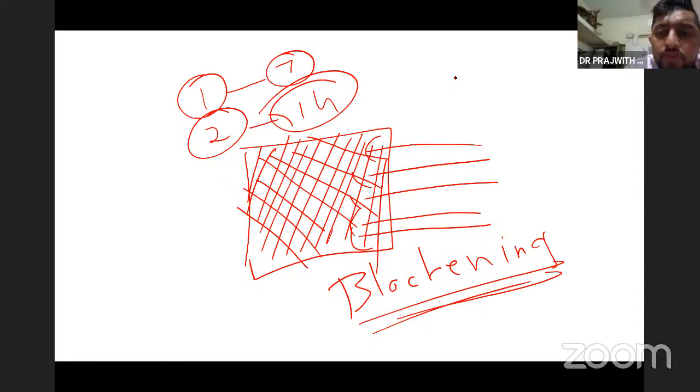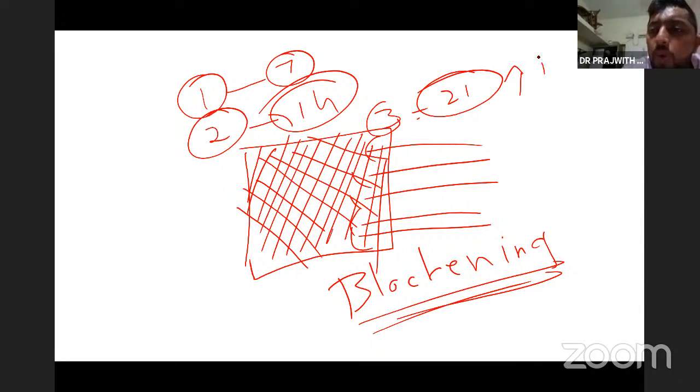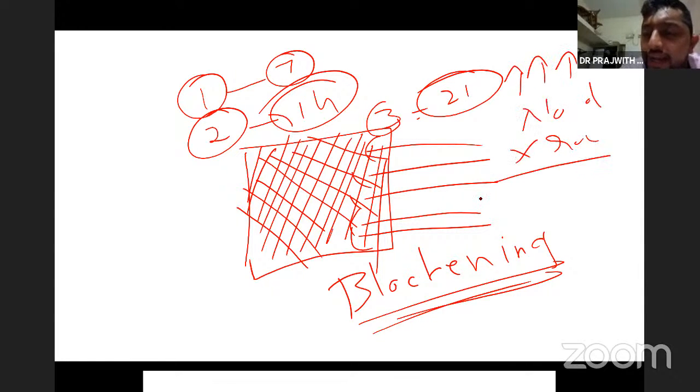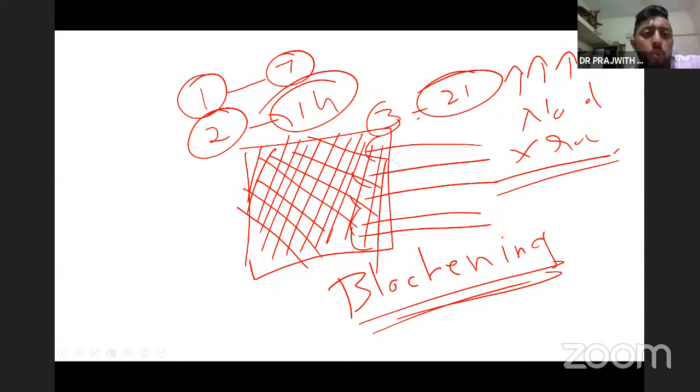At 3 seconds, there will be 21 X-rays hitting. So there are more and more X-rays that are hitting the film. This is what is responsible for the blackening of the film.